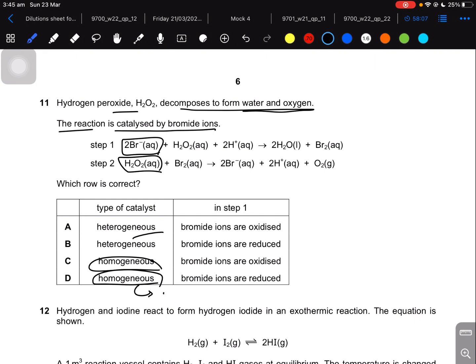And in step 1, what's happening? Okay, so it's either C or D. Step 1, bromide ions are oxidized. Okay, so -1 to 0. Yes, that is an increase of 1, so that's an oxidation. Yep, it's correct, C. Well, let's also check D. Bromide ions are reduced? No.